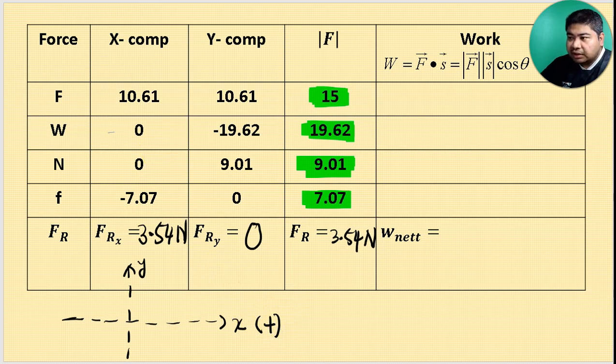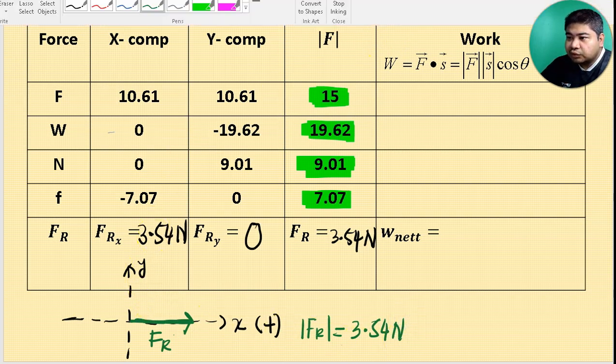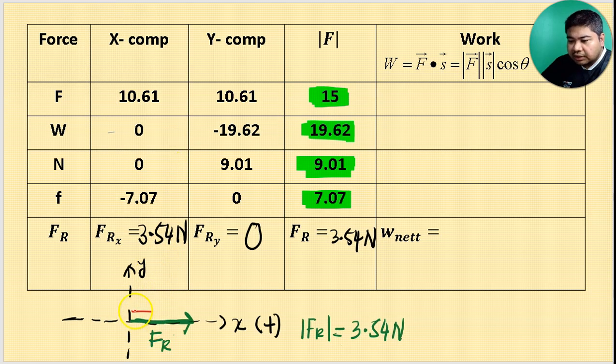So the resultant force only has one component, so it is one dimensional. I'm going to use a green color. So the green one is the resultant force, this is our Fr, and because it is a one dimensional vector, the magnitude of Fr is 3.54 Newton.